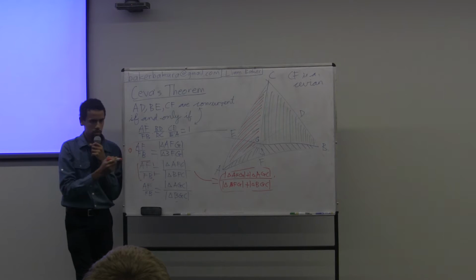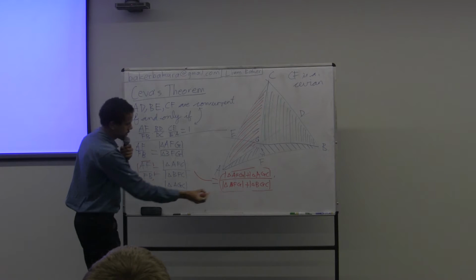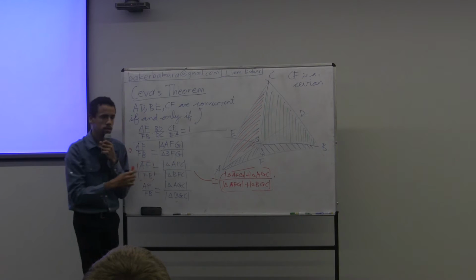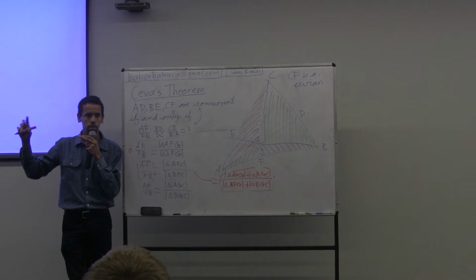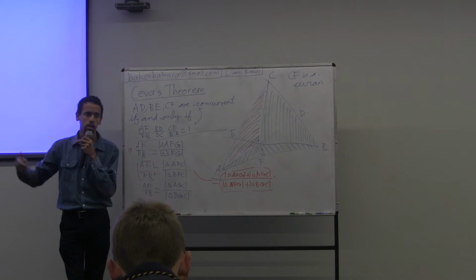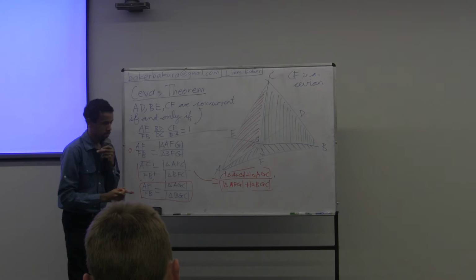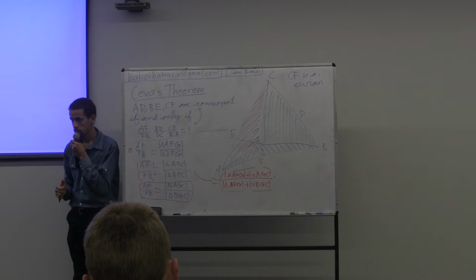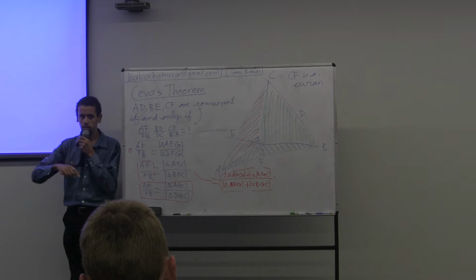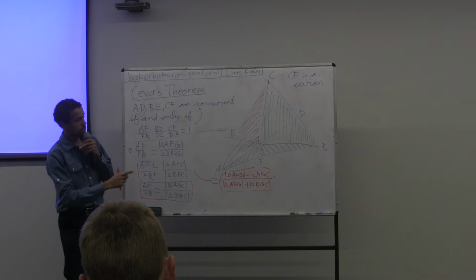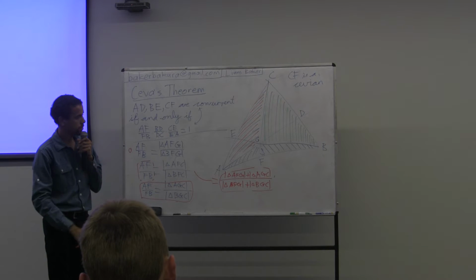Because of this relation, these two terms disappear. So you multiply out, you cancel something on each side, and then you divide again to get this one. Okay, you can do the algebra yourself. I would do it, but there's not a lot of space on the board right now.